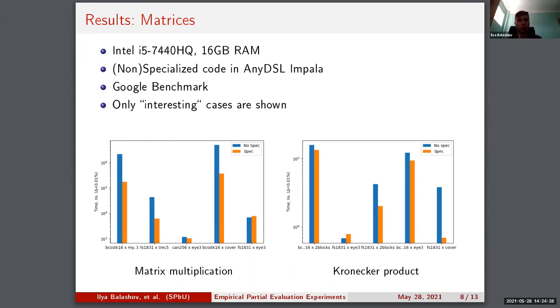For example, for matrices with elements concentrated near the main diagonal, like Ken 256 multiplied by the I3 matrix, and FS 1831 multiplied by the I3 matrix in the Kronecker product experiment.